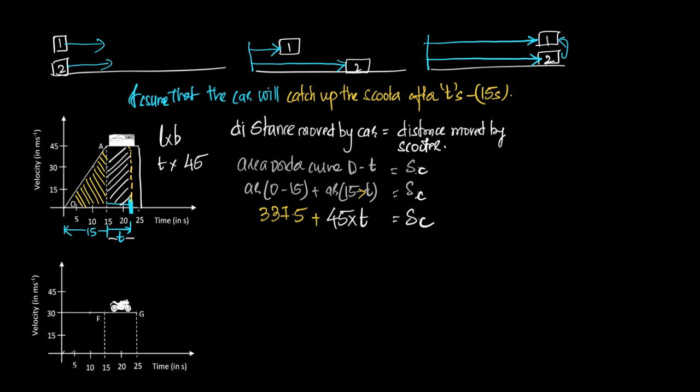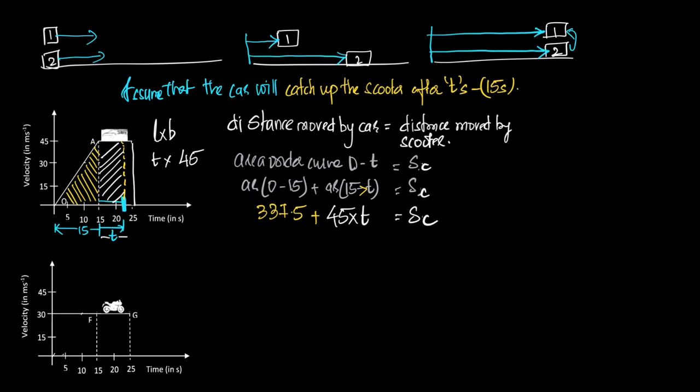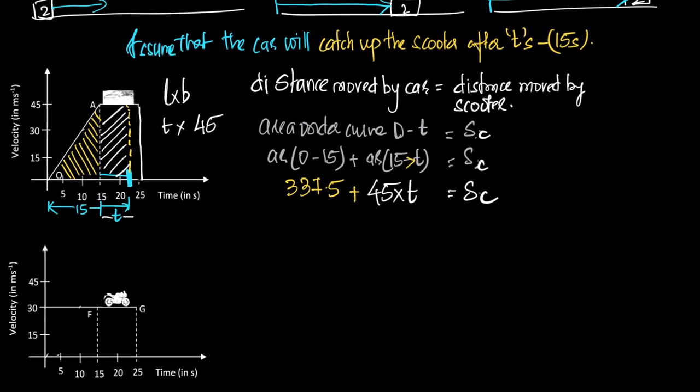Now, again, the explanation repeats the same here. So the overtaking takes place after some time t. Say this is that time t. Okay. So the complete duration of travel is 15 seconds plus t seconds, which means I can rewrite the same notion here.